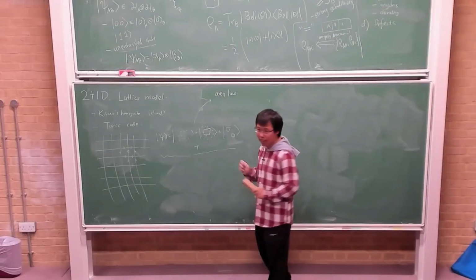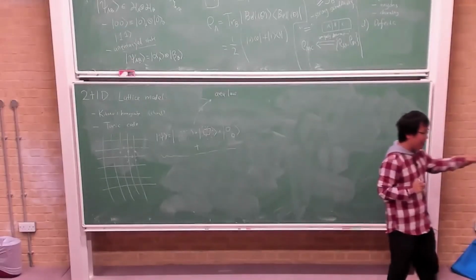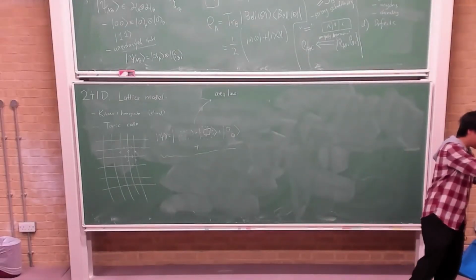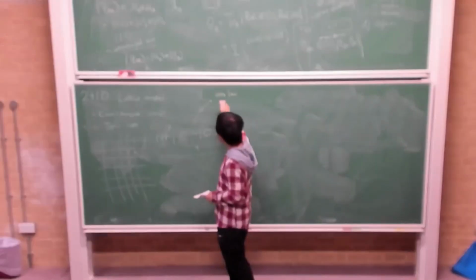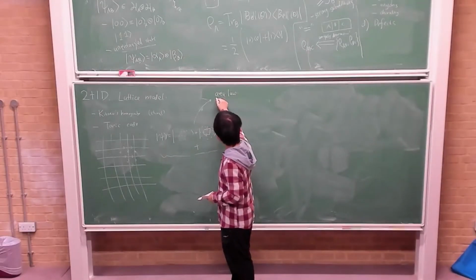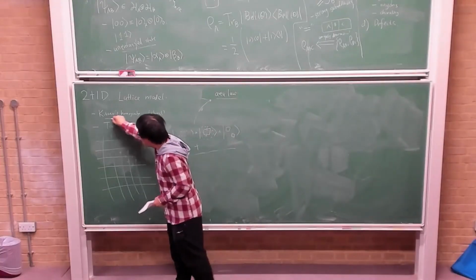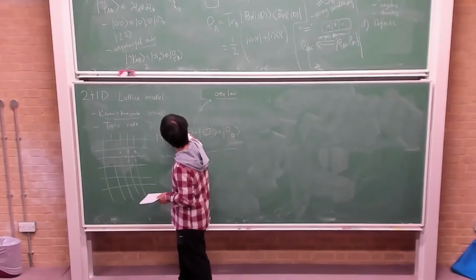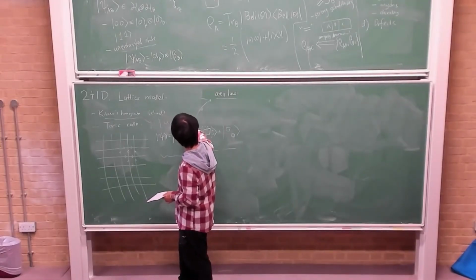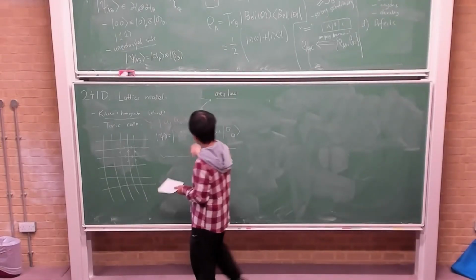Usually I introduce the axiom this way, but today I want to do something different. So let me not start from there. Let me make a story. We'll start with the Ising anyon. This one has anyons 1, sigma, and psi.